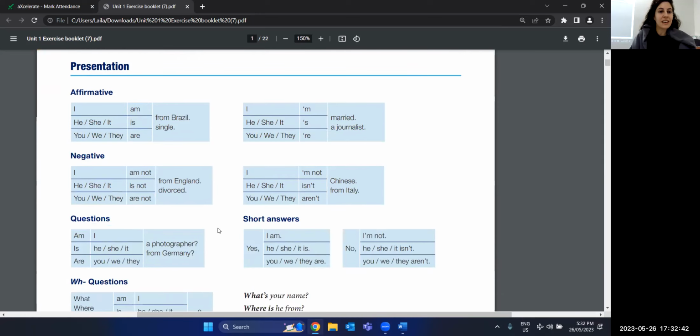So the rules, I think I've said it a few times this week, but let's say it again. So we have 3 types of ways we make sentences. Affirmative is just information I'm saying, like, I am Laila, I'm a teacher, I'm from Australia. And this is just called an affirmative or a statement.